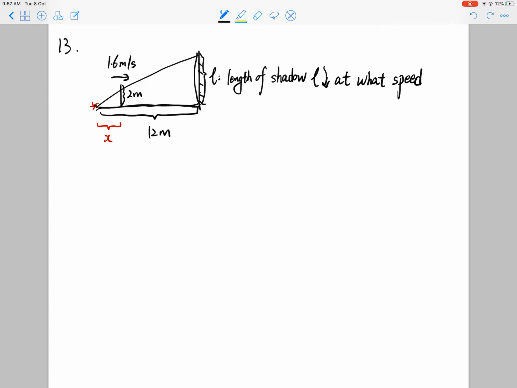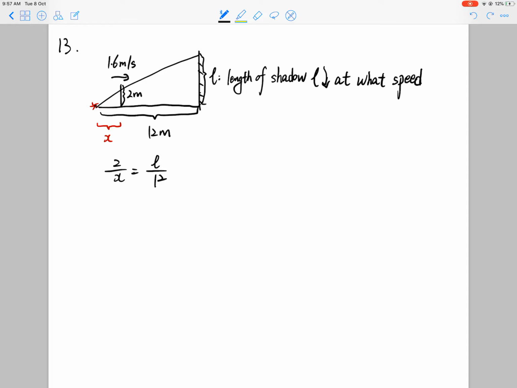So 2 over x should be L over 12, because these two are similar triangles.